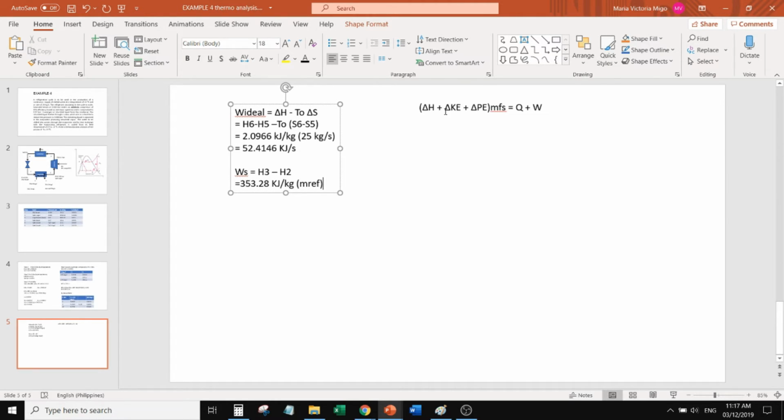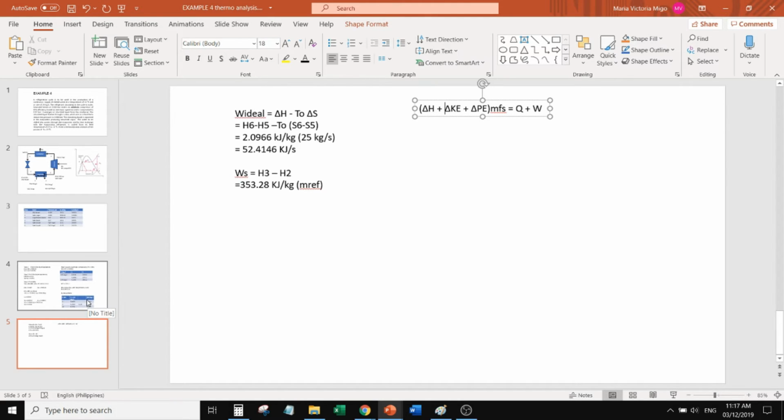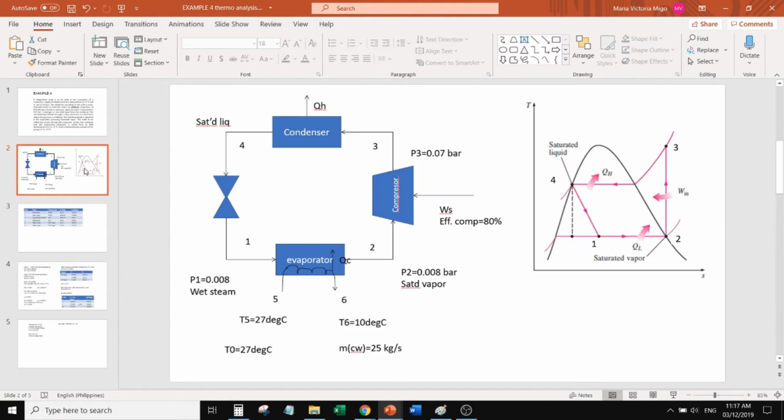We make an energy balance around the evaporator. So around the evaporator, if we assume it's perfectly insulated, then delta H is just equal to 0.